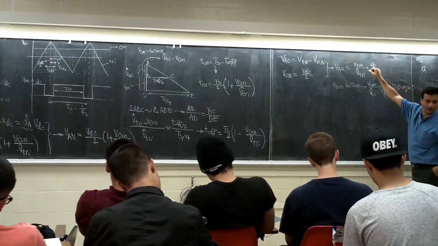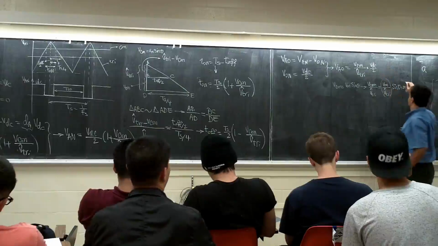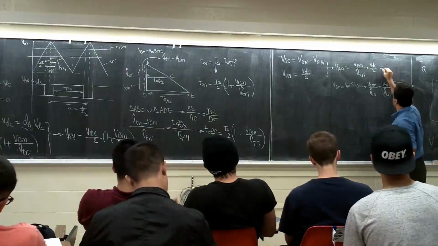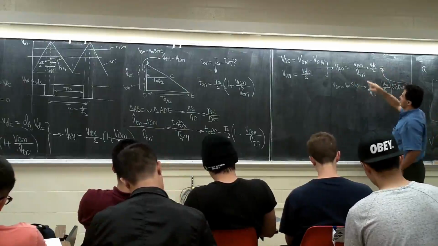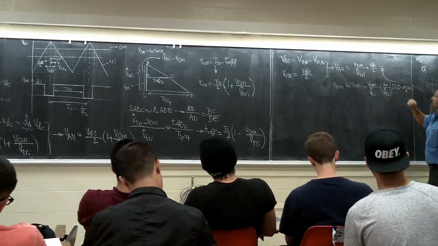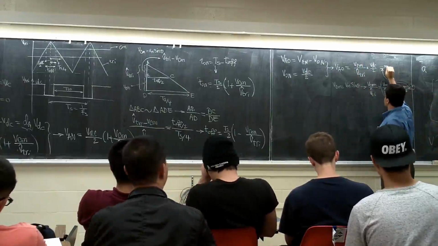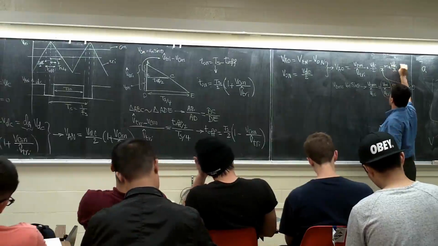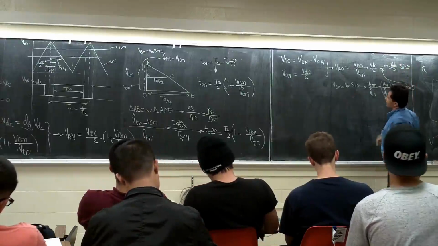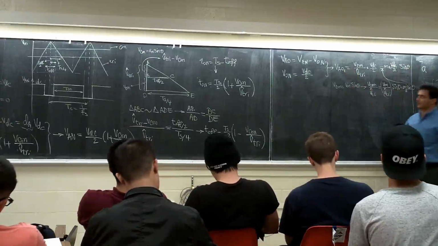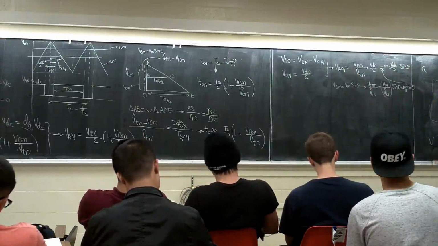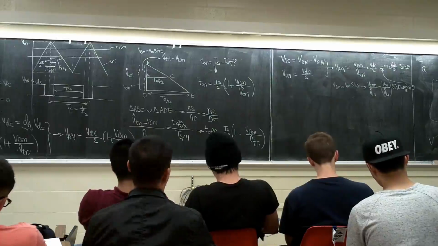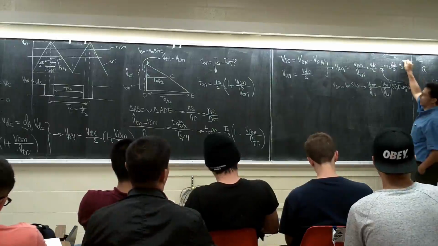Now replace this one here. I'm going to use this one here. How much is the VAO? I'm going to replace this one with this. It's going to be MA VDC over 2 sine theta. Sine theta is the first harmonic, right?